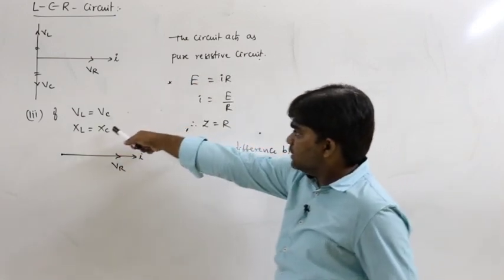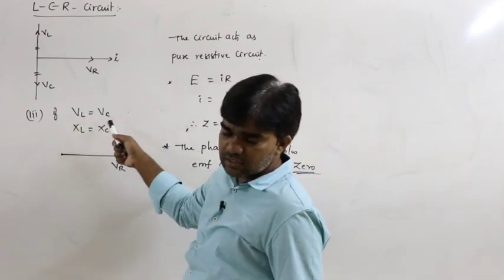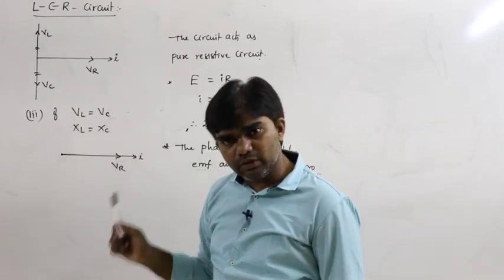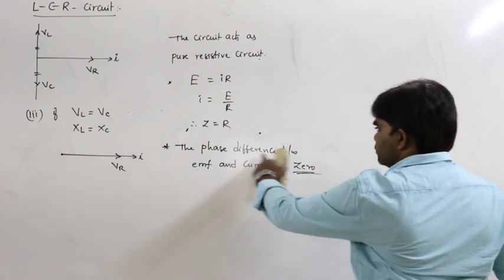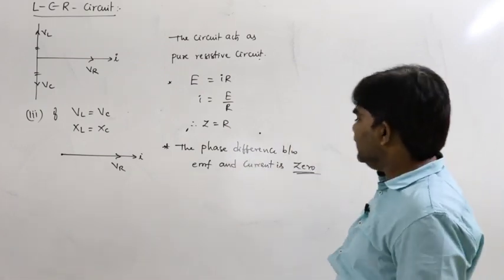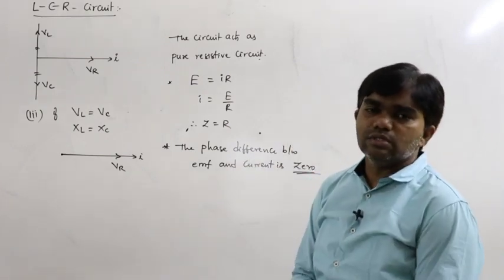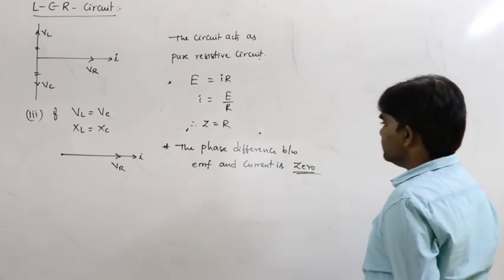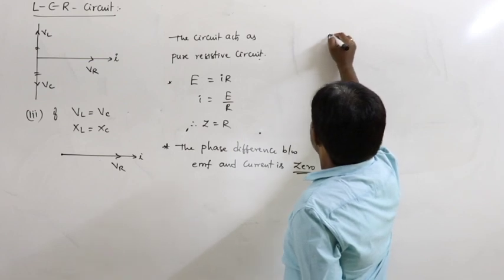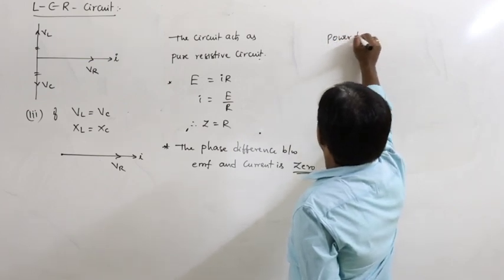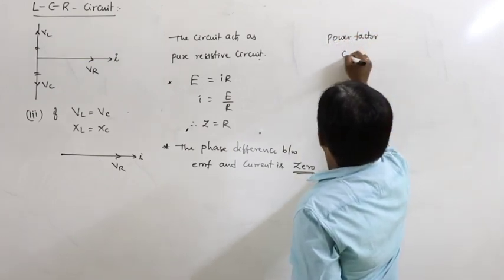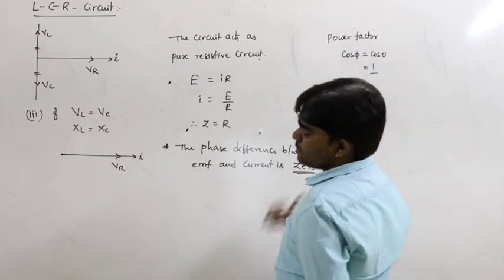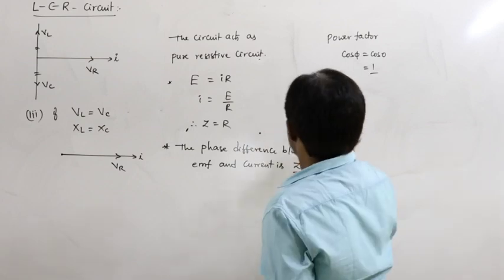If XL is equal to XC, that means VL is equal to VC, and the circuit acts as a pure resistive circuit. In a pure resistive circuit, the phase difference between the EMF and current is 0. So what is the power factor? Power factor cos phi is equal to cos 0, so maximum power must be consumed.